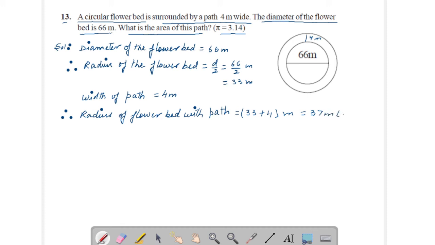Let us take this radius as capital R and this radius as small r.